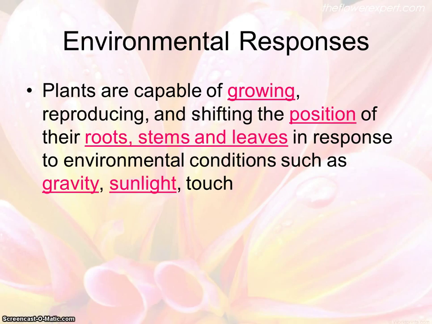Obviously, gravity is the big one. Sunlight, where does the sun move from east to west in the southern part of the atmosphere? Does it move east to west in the northern part? Okay, so plants can adjust themselves accordingly with the use of those hormones due to, say, for that example. Touch would be another thing. What they're growing on or against. Okay.